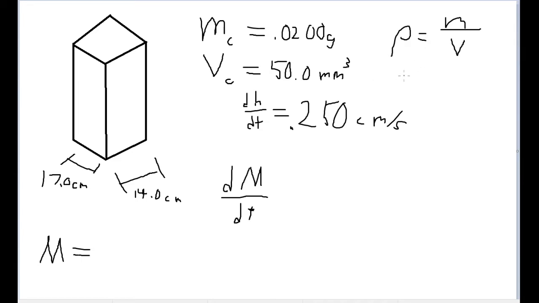So logically, the mass is going to be equal to the density times the volume. And we can apply that here as well. We can write the mass of this rising height of candies in terms of the density of the candy multiplied by the volume of the candy.